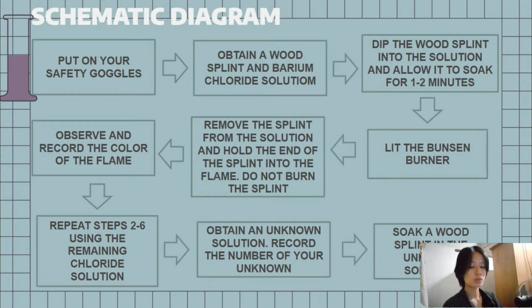While your wood splint is soaking in the solution, prepare your Bunsen burner, open it, and light it. After you have prepared your Bunsen burner, you can take the wood splint, hold it by the tip that was not soaked, and place it on top of the hottest part of the flame.